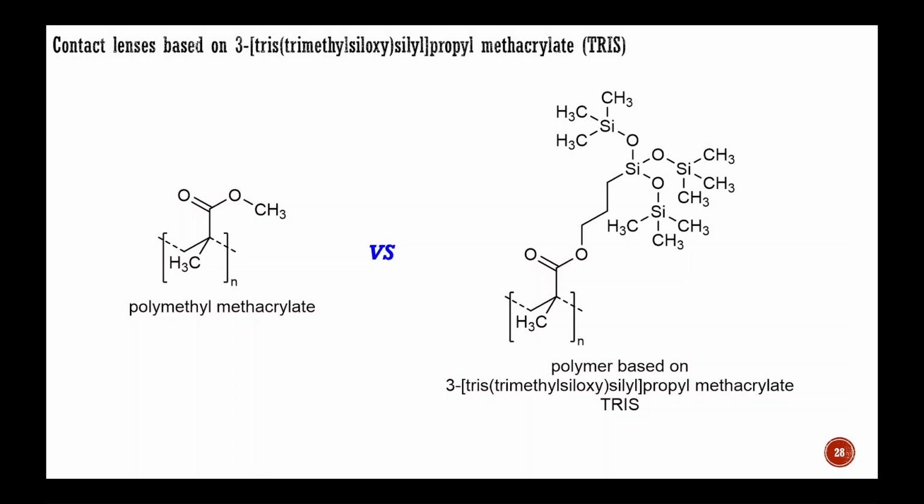Another strategy to enhance the oxygen permeability of contact lenses is to introduce bulky functional groups into the polymer. For instance, a methyl methacrylate derivative possessing large and flexible trimethylsiloxy groups exhibits much better oxygen permeability than polymethyl methacrylate.